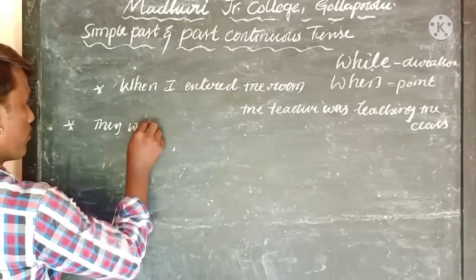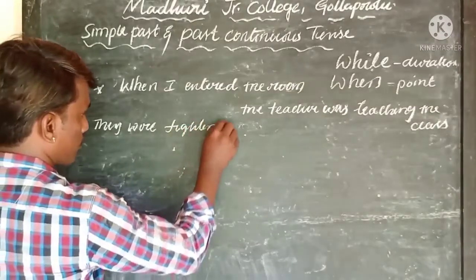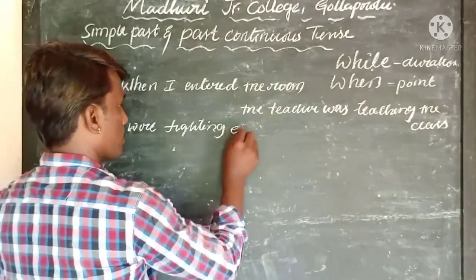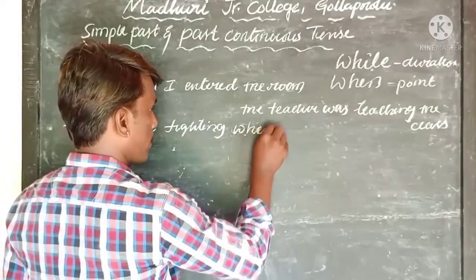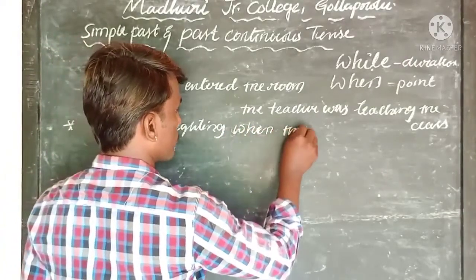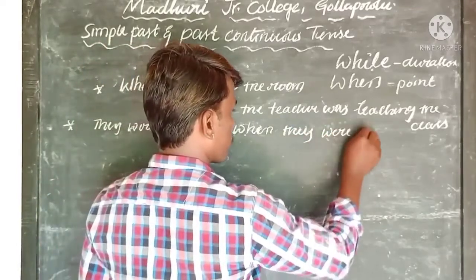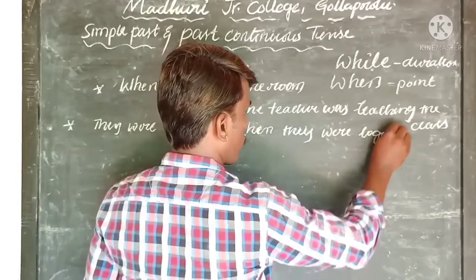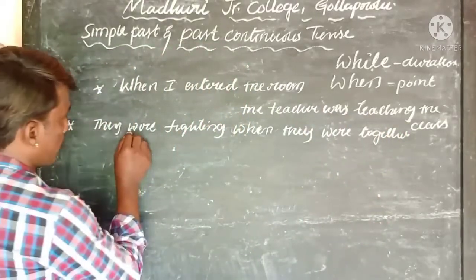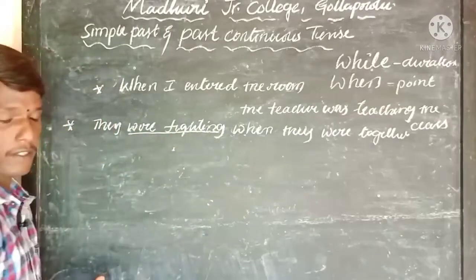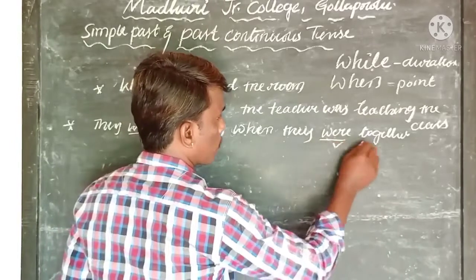They were fighting when they were together. See here, this is they were fighting, it is past continuous tense, with subject, verb be2, and together as the object.